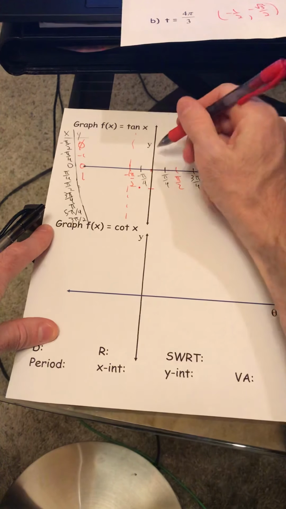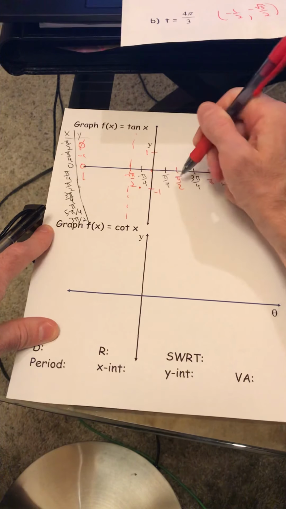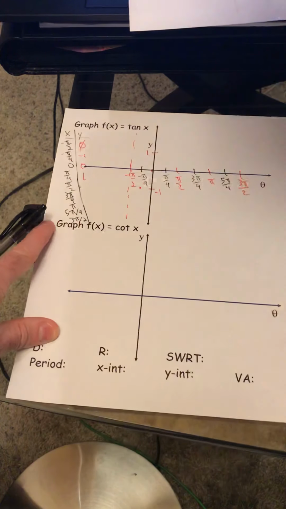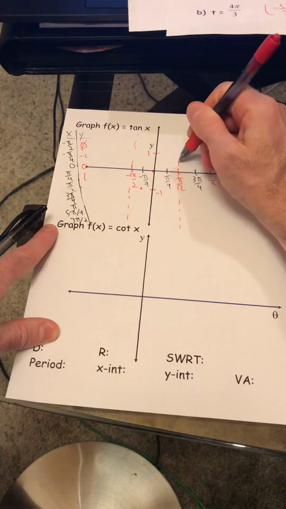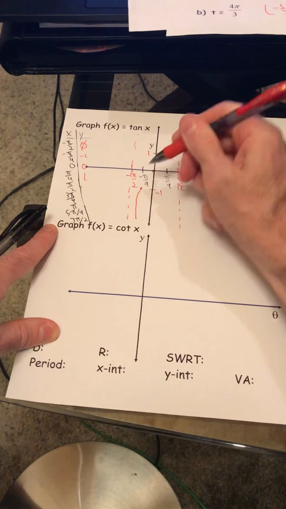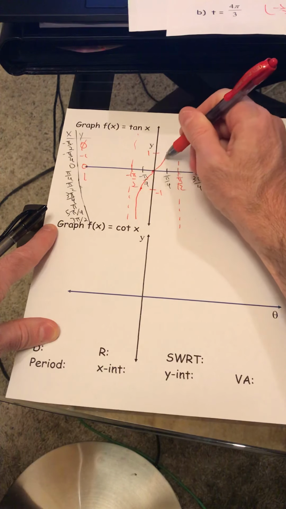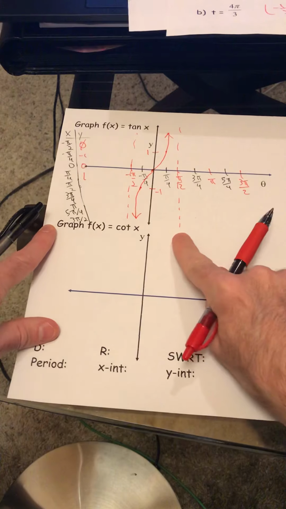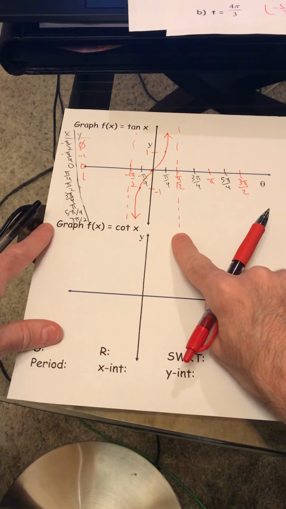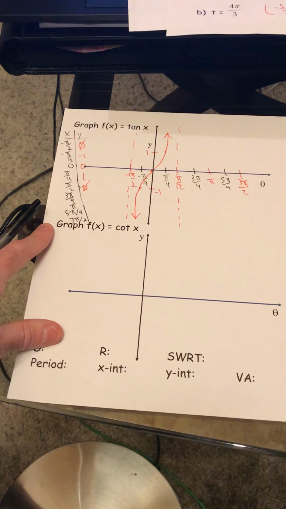And pi over 2, when I take 1 over 0, it's undefined. So that's our next asymptote. So the curve ends up going through there, kind of like a cubic shape. All right, so pi over 2 is our asymptote.